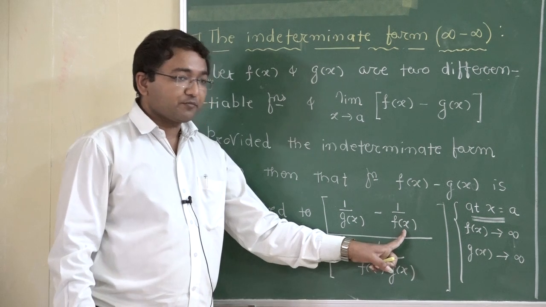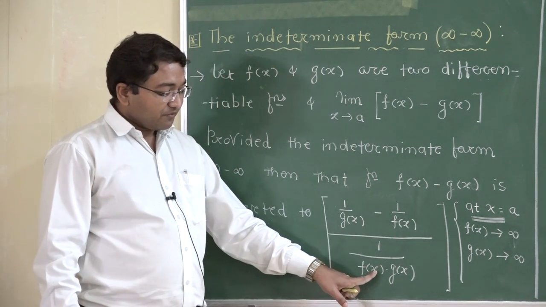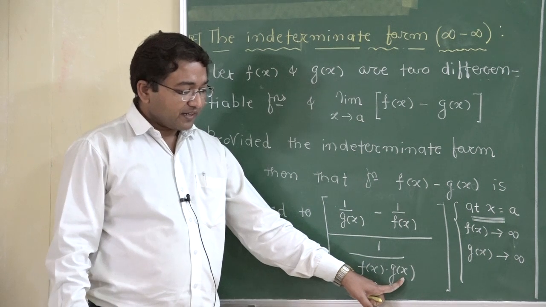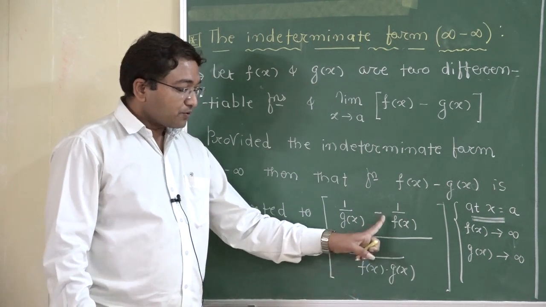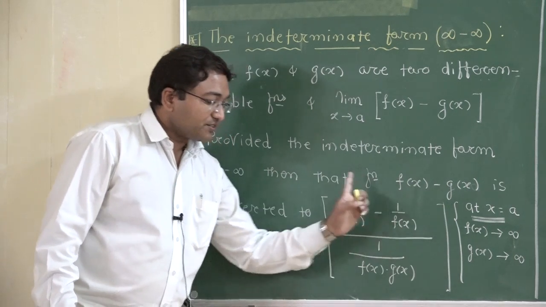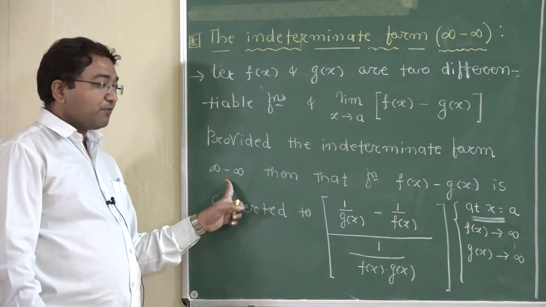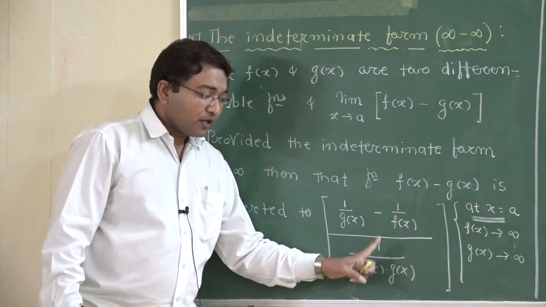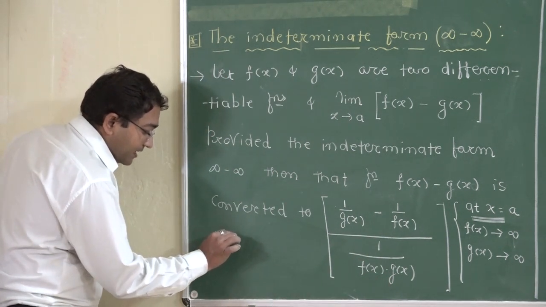So, that numerator becomes 0. What about the denominator? Here f of x infinite cross infinite is again infinite, 1 upon infinite is 0. So, that form provided 0 upon 0 form. So, that infinite minus infinite form is also converted into 0 upon 0 form and we apply L'Hospital rule.